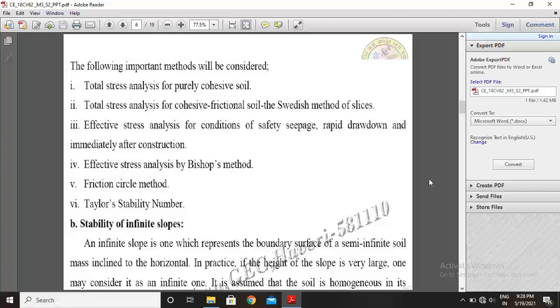In practice, if the height of the slope is very large, one may consider it as an infinite one. It is assumed that the soil is homogeneous in its properties.